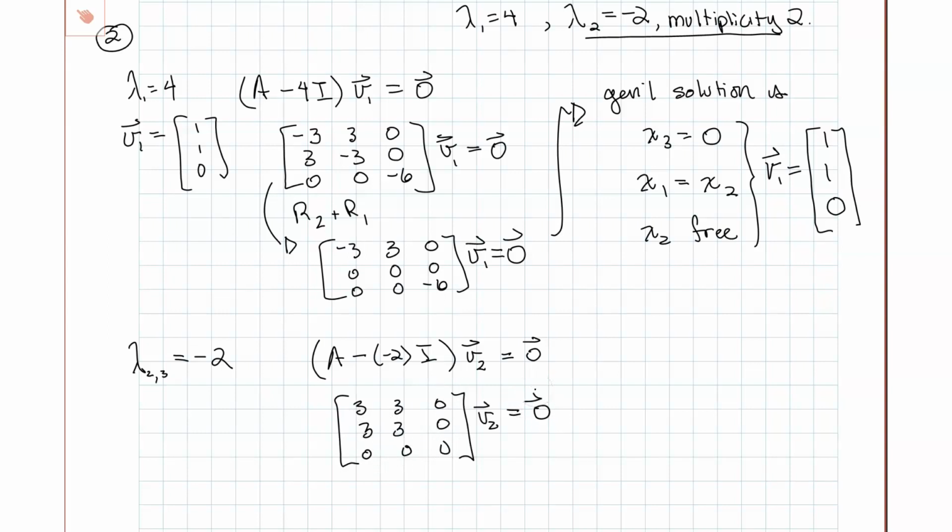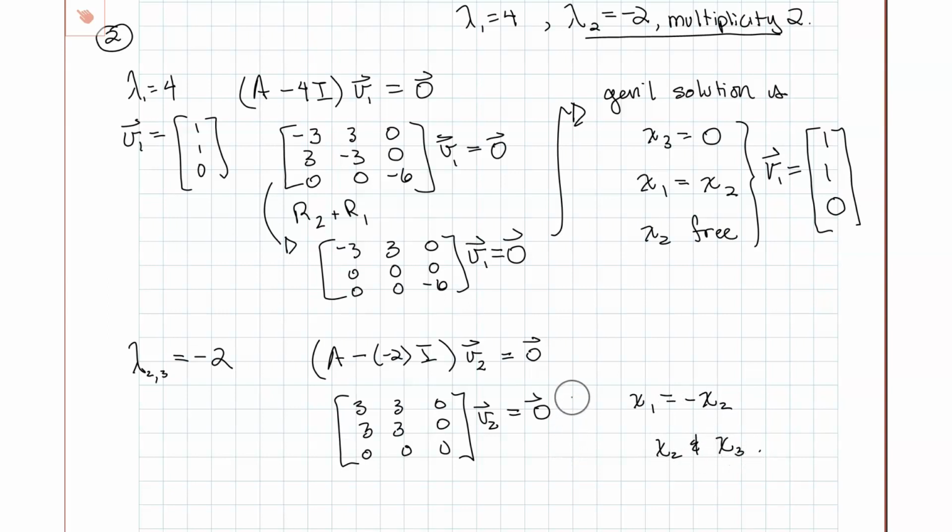So you can see that if we did one row operation of row 2 minus row 1, we would have just 3, 3, 0, and all of the rest of the matrix would be zeros. So x1 has to be equal to negative x2, but x2 and x3 are both free.